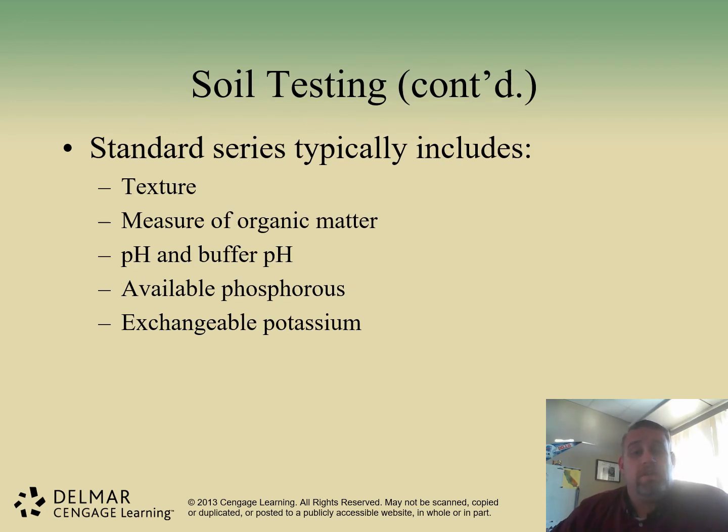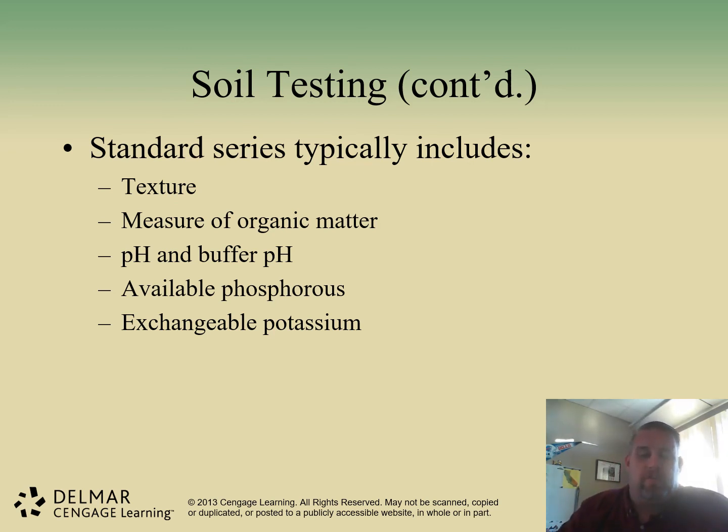Other things that can be told in your soil sample besides the chemical makeup are the texture. You can get the amount of organic material measured. They will measure your pH, the available phosphorus, and any exchangeable potassium that you have within your soil. These are all very standard parts of your test, and if you send in any test, they're going to give you this information.